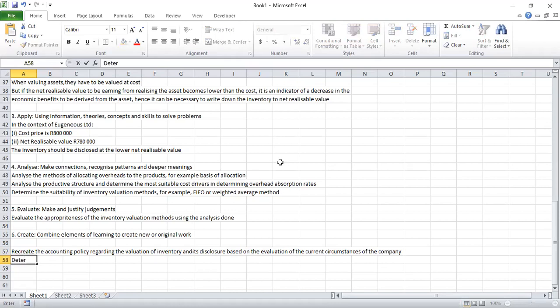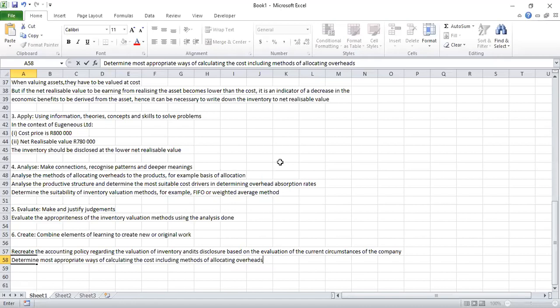Then determine the most appropriate ways of calculating the cost, including methods of allocating overhead. So you now say no, from now on, the overhead absorption rate will no longer be calculated based on the traditional method.